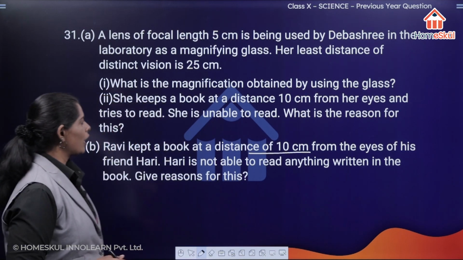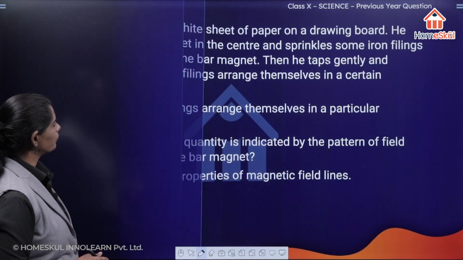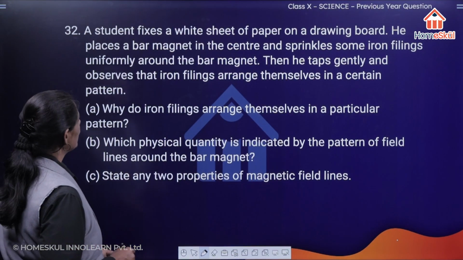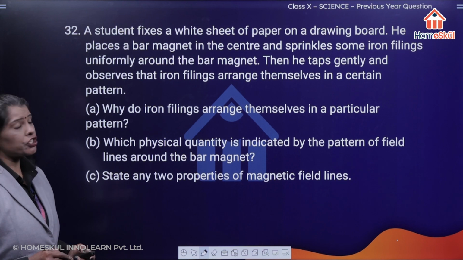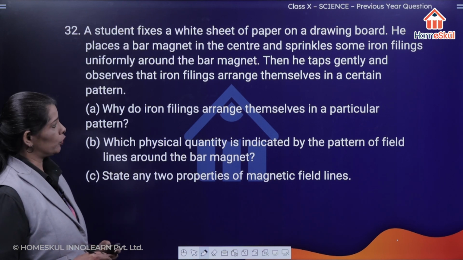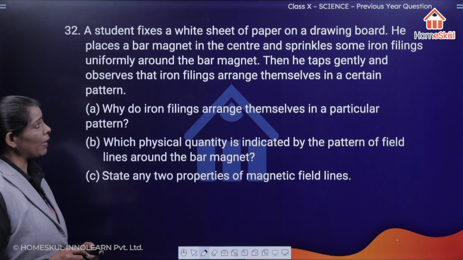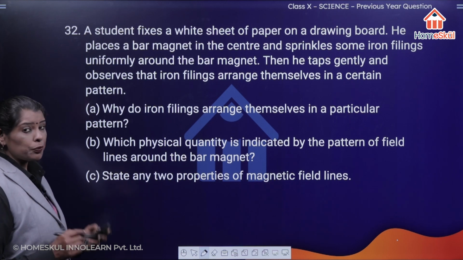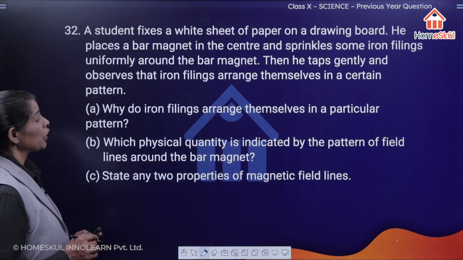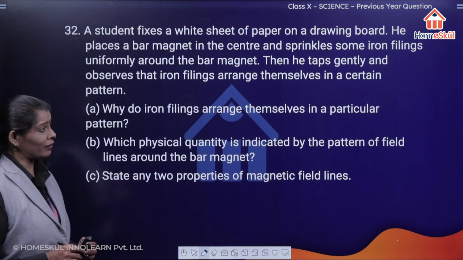Okay, so coming to the next question. Question number 32. A student fixes a white sheet of paper on a drawing board. He places a bar magnet in the center and sprinkles some iron filings uniformly around the bar magnet.